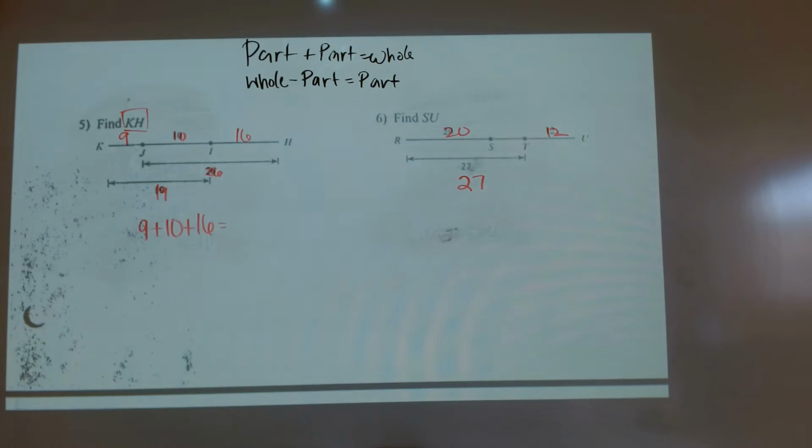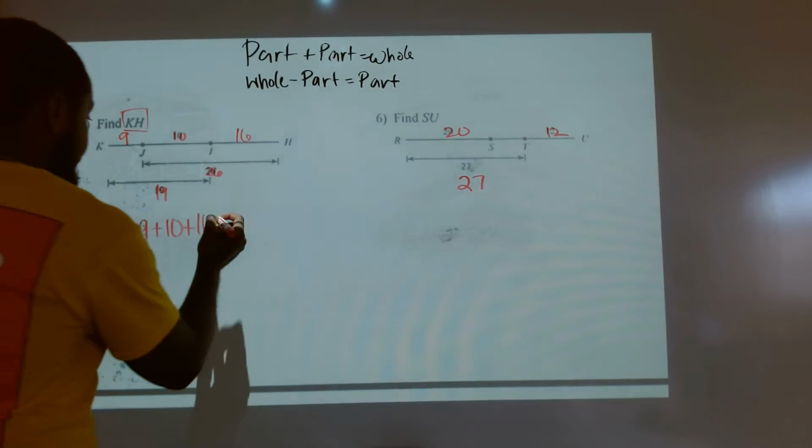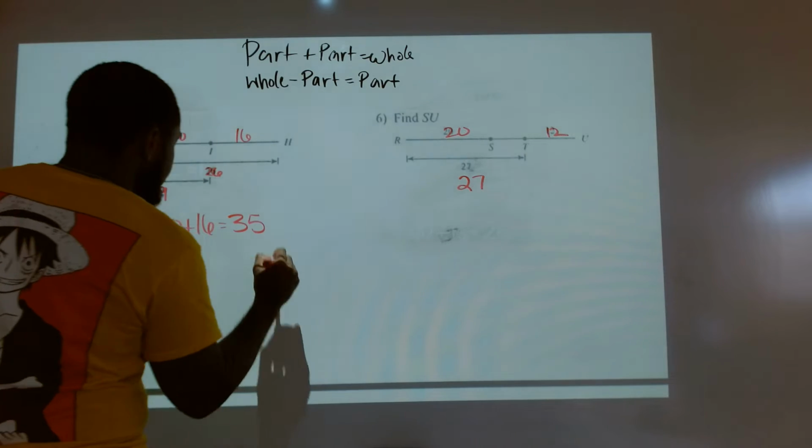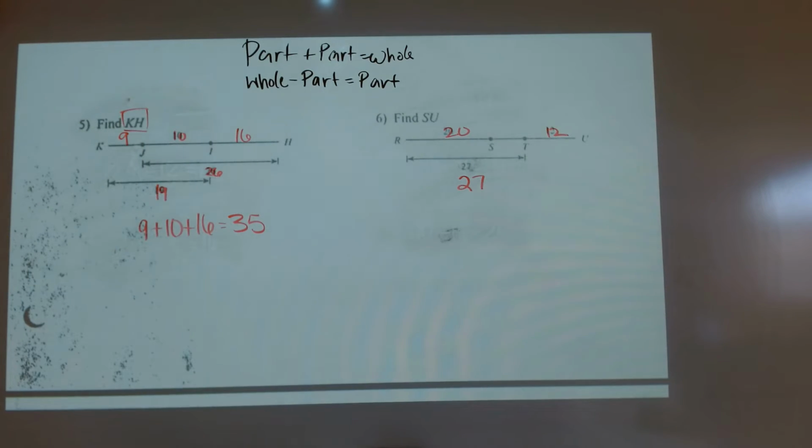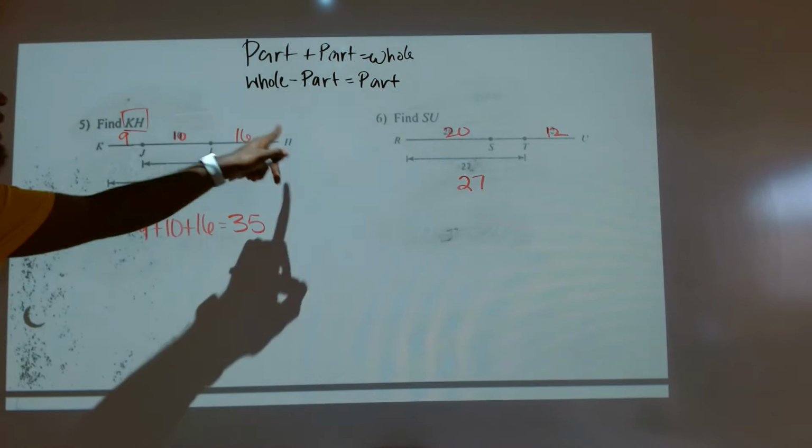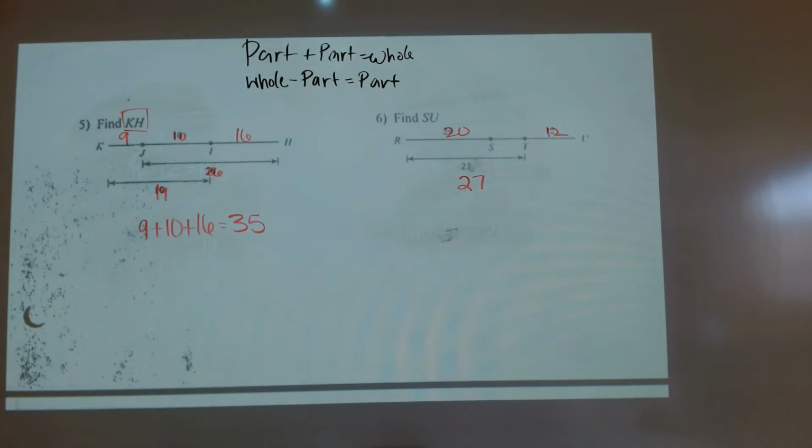That's all you're really doing, darlings. So you're gonna have your 19, you're gonna add it to your 16, you're gonna get 35. The full length from H to K is 35.